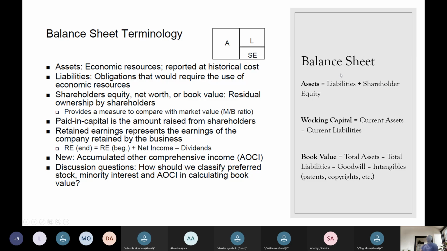Since I don't owe any money, what is my liability? If I don't owe any money on buying that house, what is my liability? Nothing. Zero. Liability is zero. I don't owe any money.